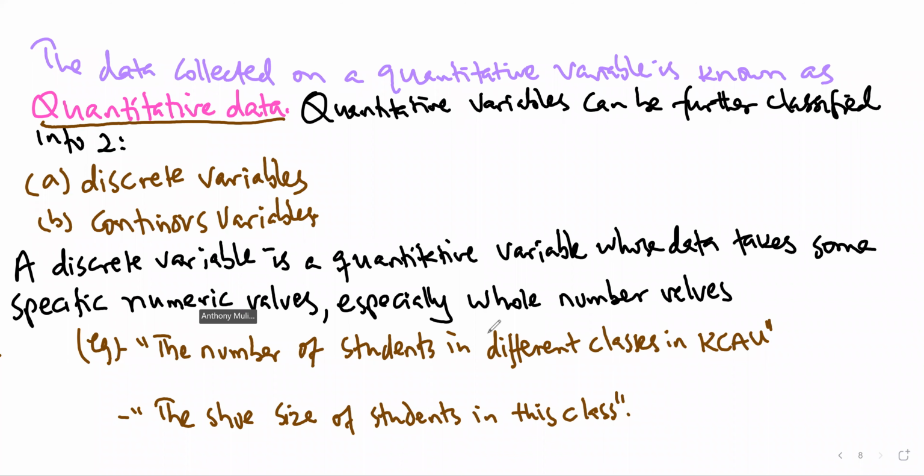So we expect numbers like this. Maybe there's a class which has no students, a class with 1 student, all the way to a class with 100 students, and so on. The important thing to note is that the values will be non-negative whole numbers for that variable.